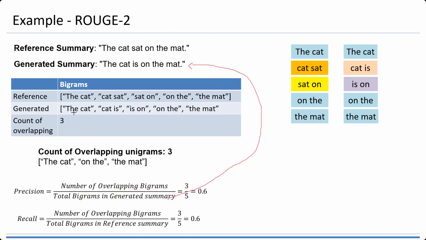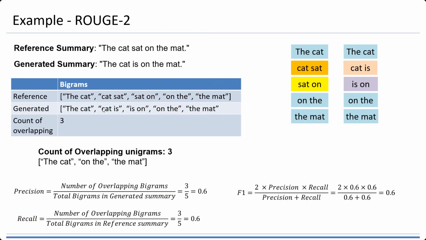The total bigrams is 1, 2, 3, 4, 5. Okay, we divide by 5. And the total bigrams in the reference summary, for the recall, is also 1, 2, 3, 4, 5. So we divide by 5. And again, we calculate the F1 score: 2 multiplied by precision multiplied by recall, divided by precision plus recall. So we get an F1 of 0.6. So the ROUGE-2 F1 score is 0.6.